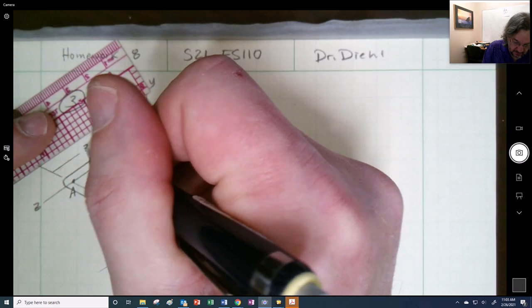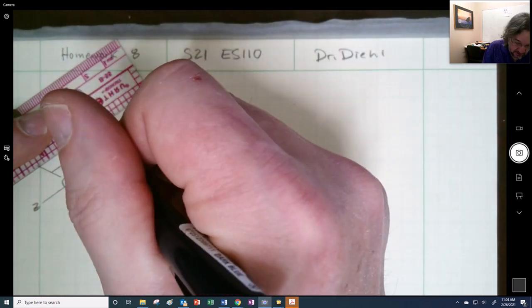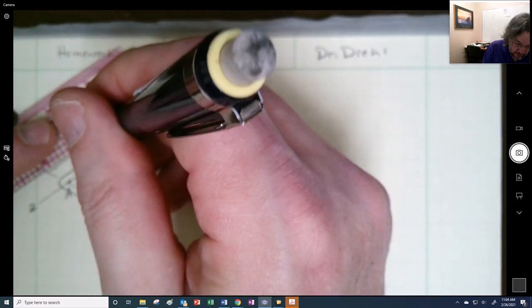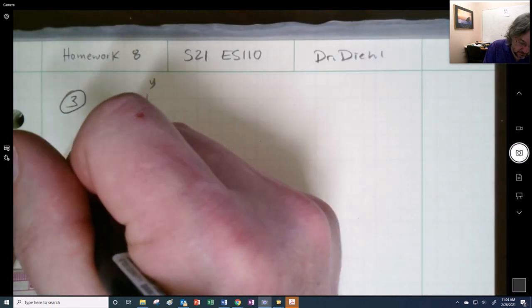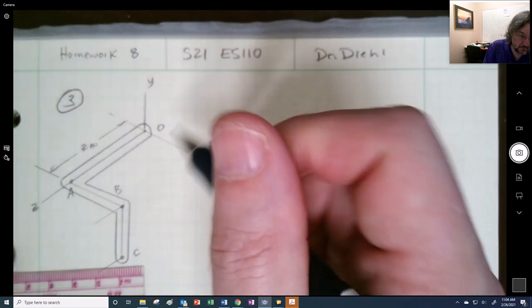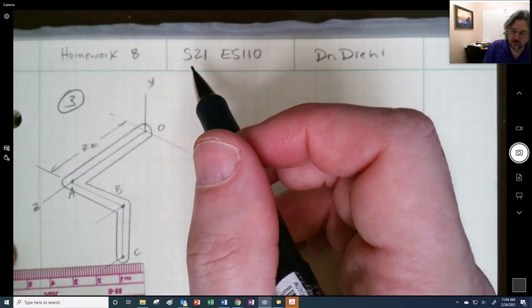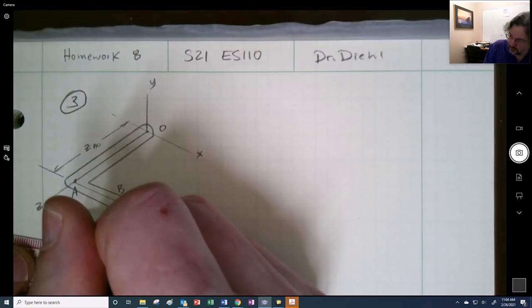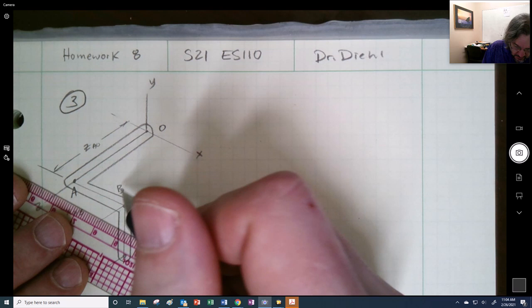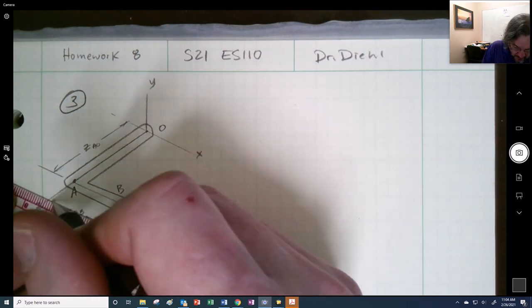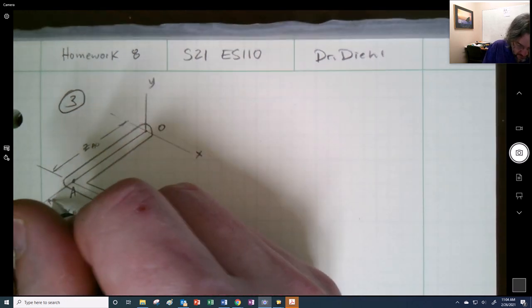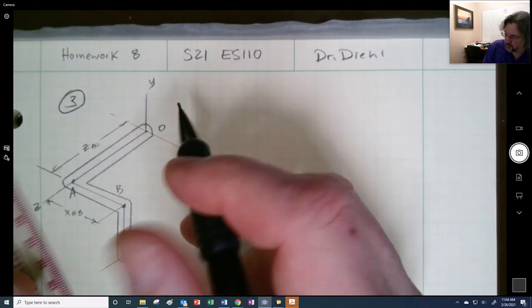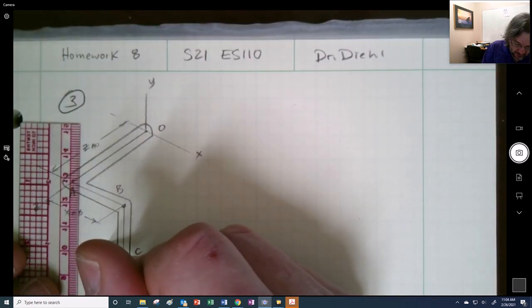So this is going to be my ZAO, XAB in between here, try to make that parallel, and my YBC.